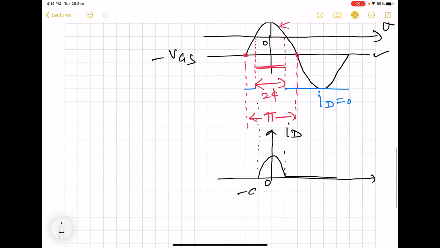So starting from minus phi to phi, it is non-zero. And here we have 1 cycle.